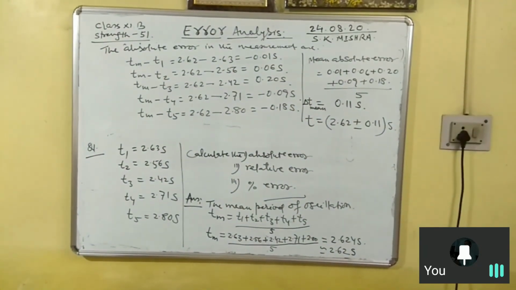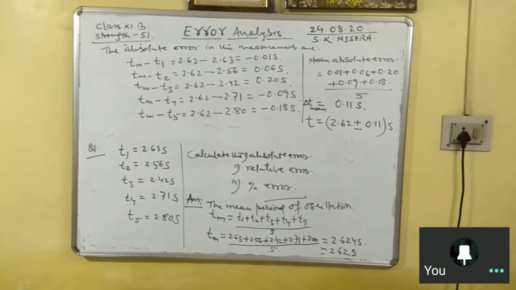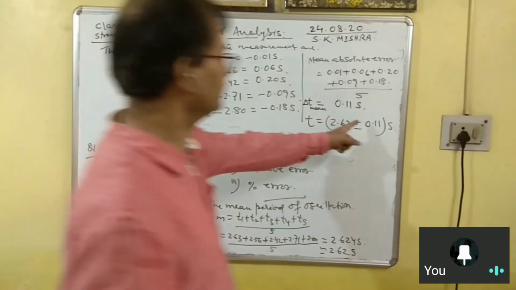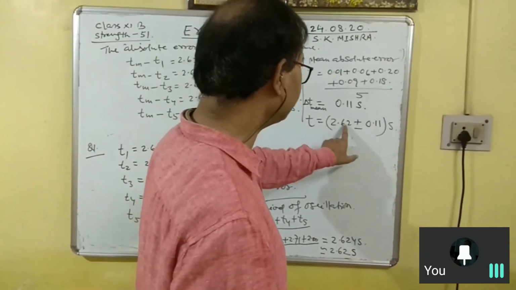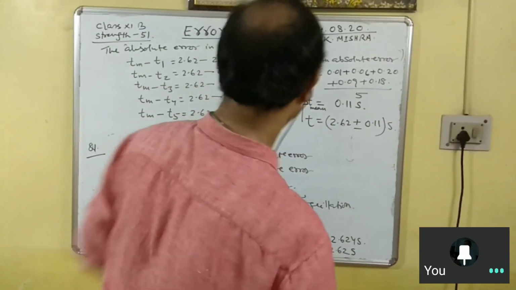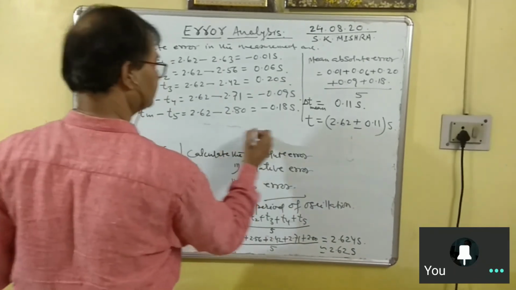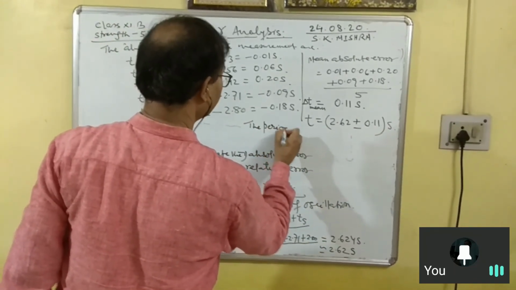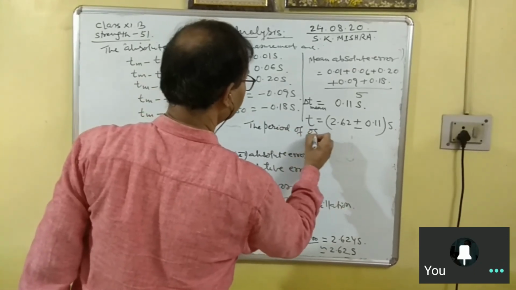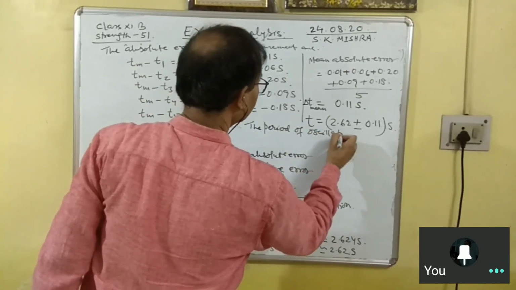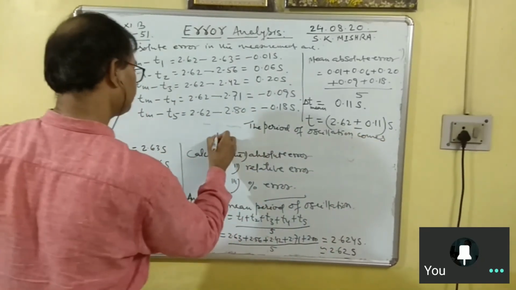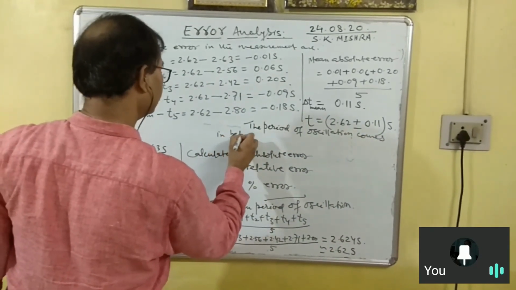So the period of oscillation lies between: if you add this quantity and if you subtract this quantity, the period of oscillation comes to be in between.